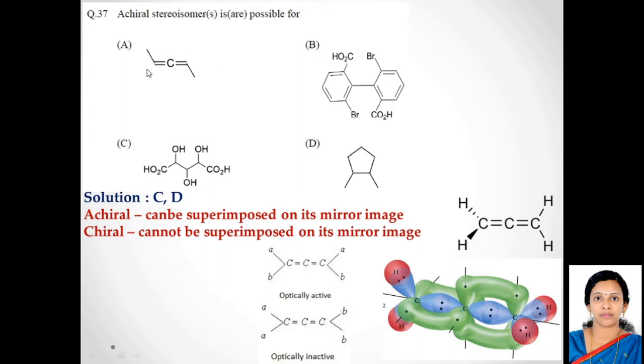But actually this is not a flat or planar structure. The central sp carbon, like in this figure, uses its two sp hybrid orbitals to form the sigma bonds with the adjacent carbon atoms, and for the pi bonds it uses its two unhybridized p orbitals, the py and the pz. The py and the pz are perpendicular to each other.